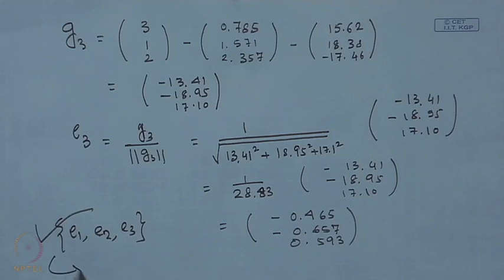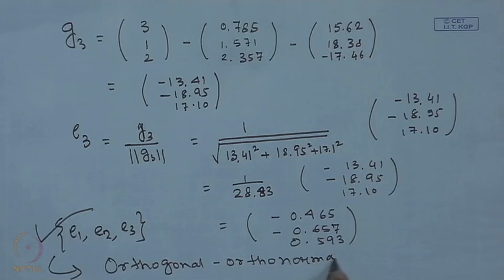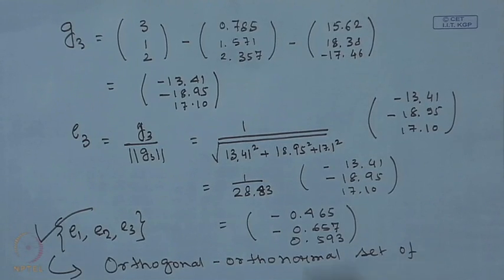That means we are getting an orthonormal set of vectors out of the independent vectors U1, U2 and U3. So, this demonstrates how the Gram-Schmidt orthogonalization technique is utilized to turn the basis set vectors into an orthogonal and orthonormal set of vectors.